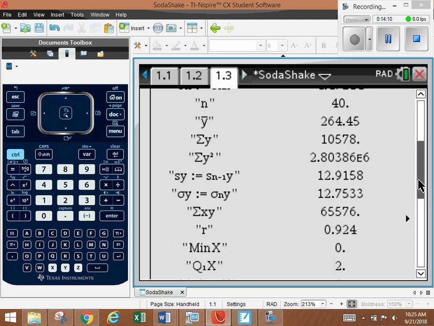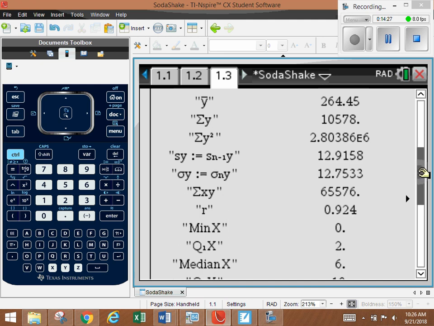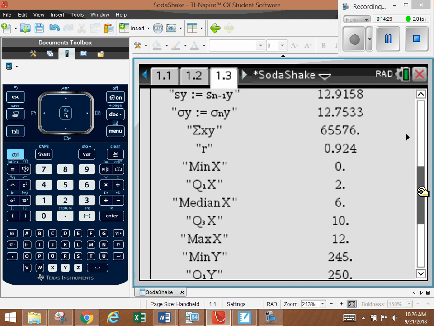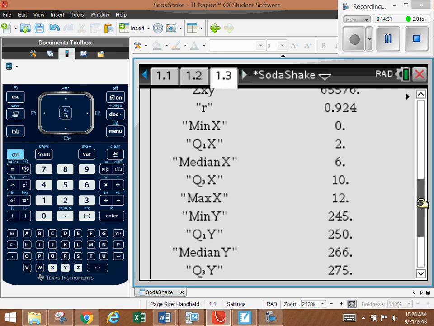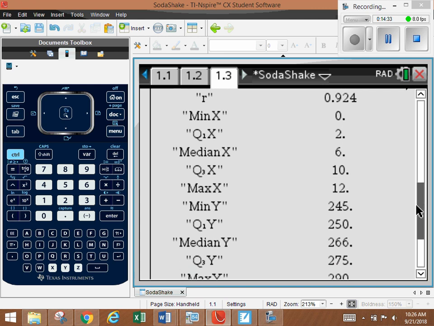What is the mean of Y going to tell you? It gives you the average amount of soda left, for any given number of taps, it doesn't matter. That's how much overall soda was left. It's interesting, right? Okay. We got the standard deviation of Y, and here we go. That's what we were looking for right there. R.